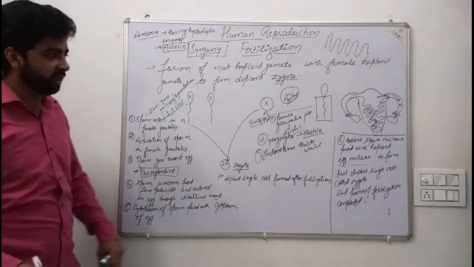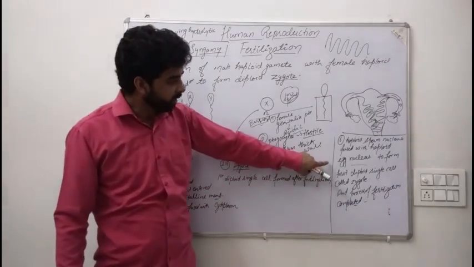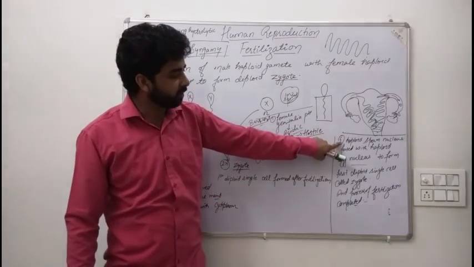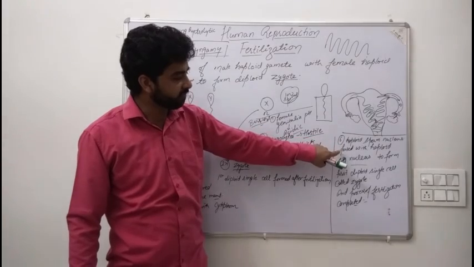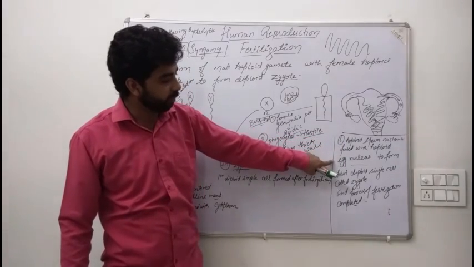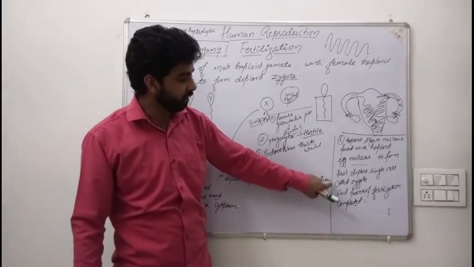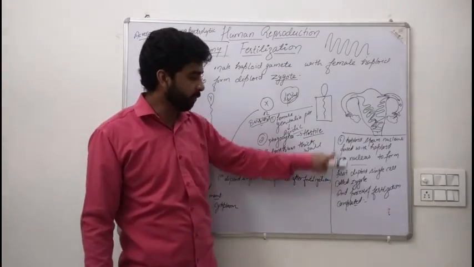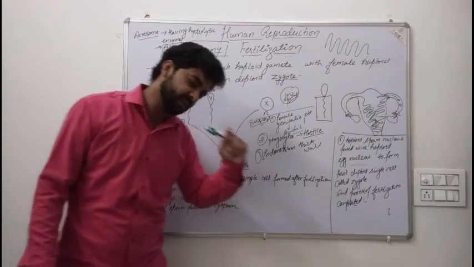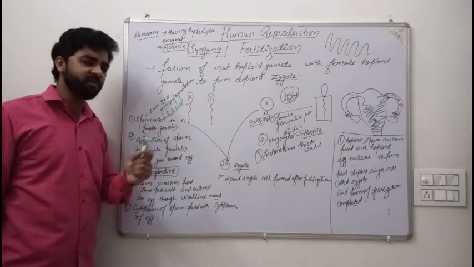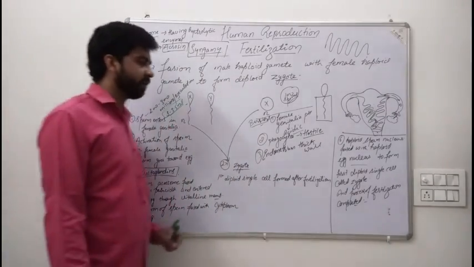In fertilization, the haploid sperm nucleus fuses with a haploid egg nucleus to form the first diploid single cell called zygote. The whole process is called fertilization, but in syngamy we differentiate a little bit.